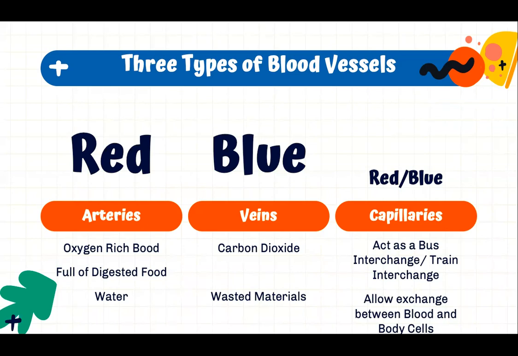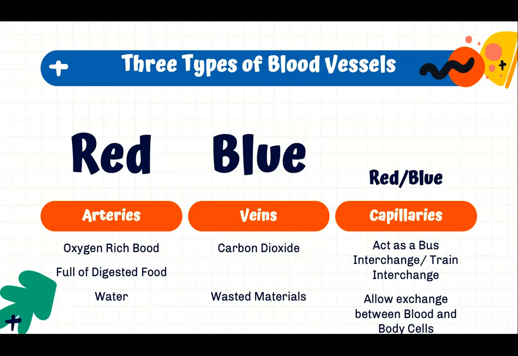And when it reaches the capillaries, it will go down and be used by the body. The body will then ask the carbon dioxide to get out and board the train on the blue color veins back to the lungs. So only in capillaries will there be an exchange between the oxygen and the carbon dioxide.